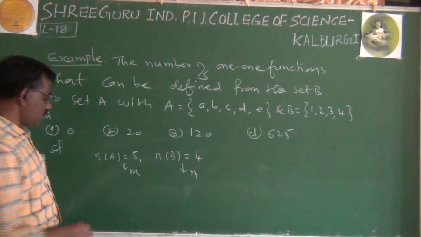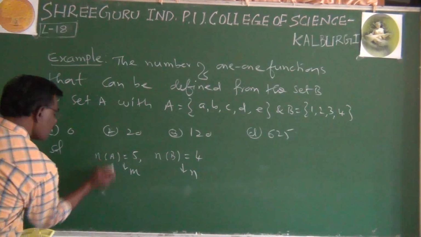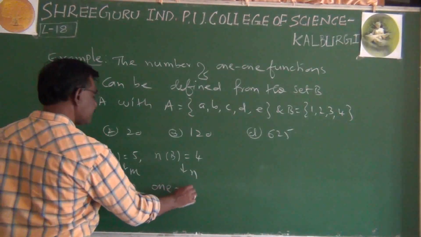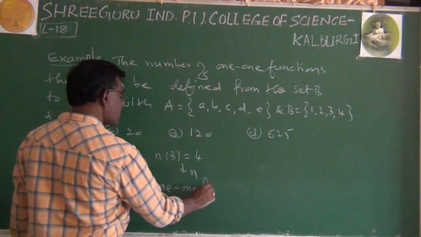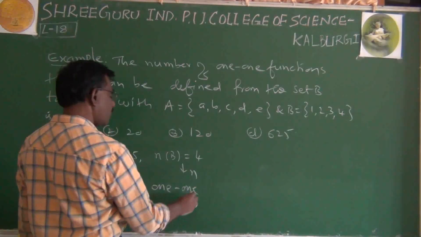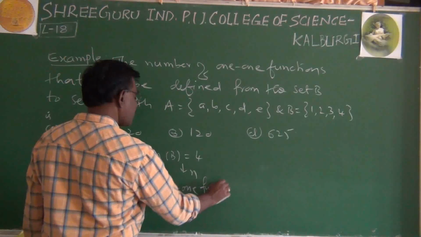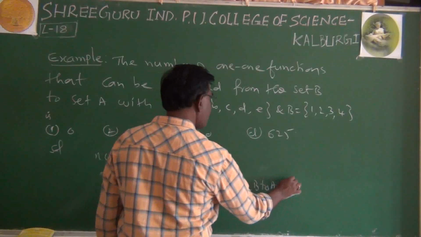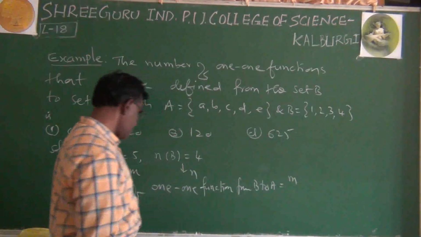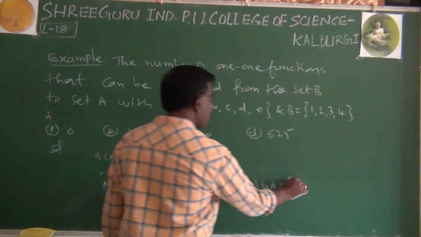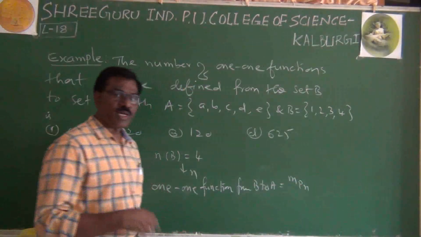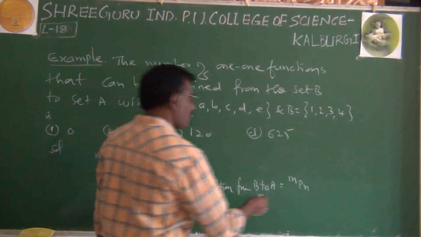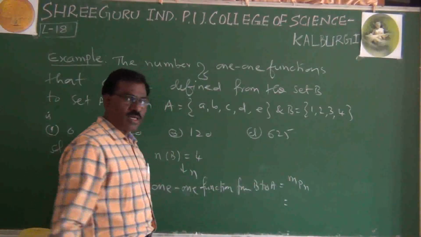Now what is here? The number of one-one functions from B to A is very important: mPn, because m is greater than n. The condition is m greater than n, mPn.